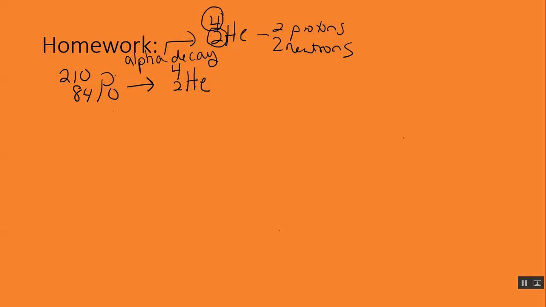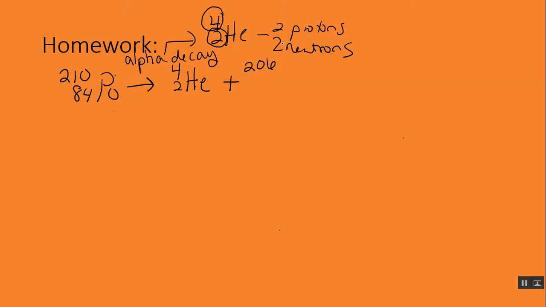So now, what should the other substance be then? Well, remember that the numbers at the bottom and the top of these formulas, remember we called these shorthand formulas, the numbers have to equal. So if we're giving off a mass of 4, then whatever we have left over is going to have 4 less mass, which means 206, right?